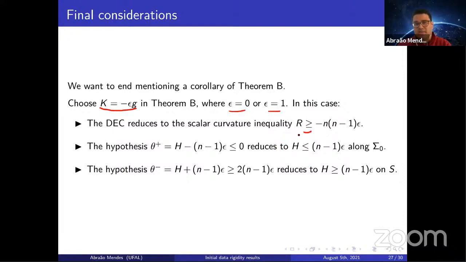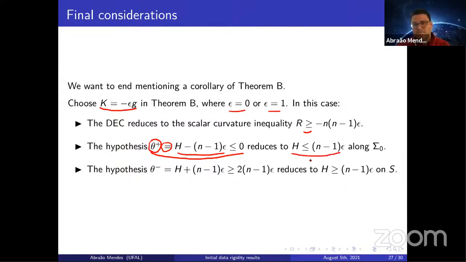Okay, so the scalar curvature is not less than minus n times n minus 1 times epsilon. So also this hypothesis here, theta plus being non-negative, is equivalent, because we have this equation here. It's not difficult to calculate because we know the tensor.